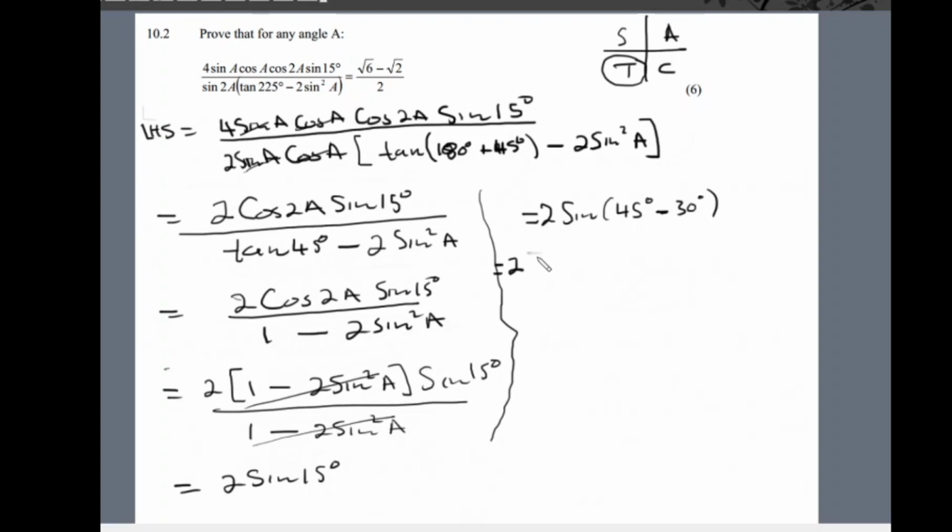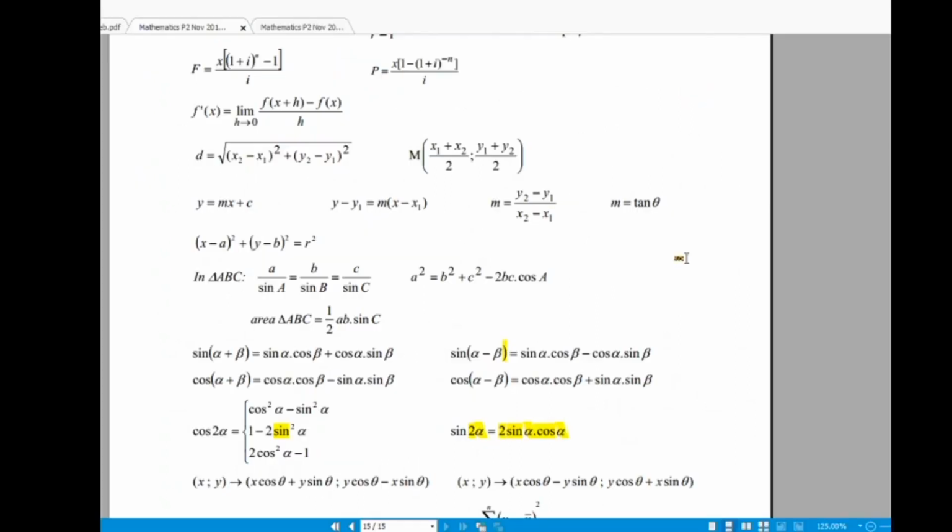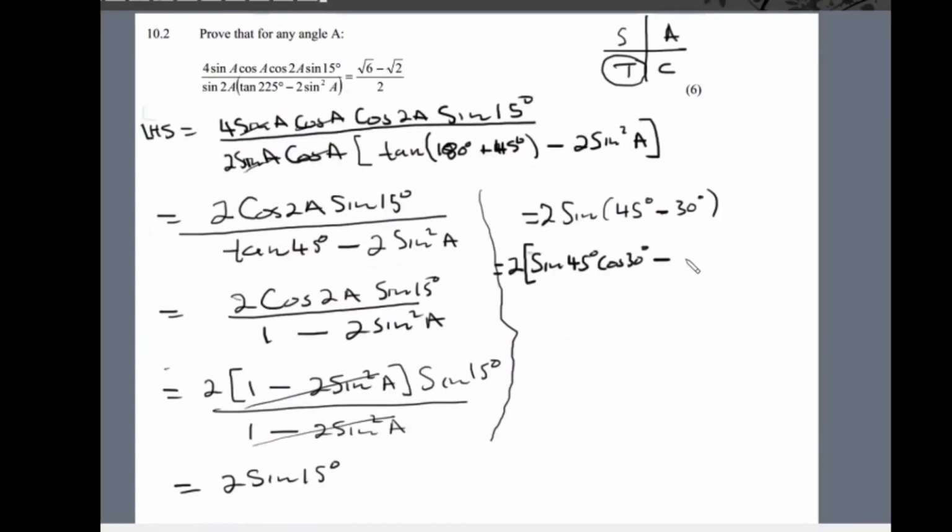So we will have 2 sine 45 degrees cos 30 degrees minus cos 45 degrees times sine 30 degrees, right? And then we know sine 45 is a special angle.